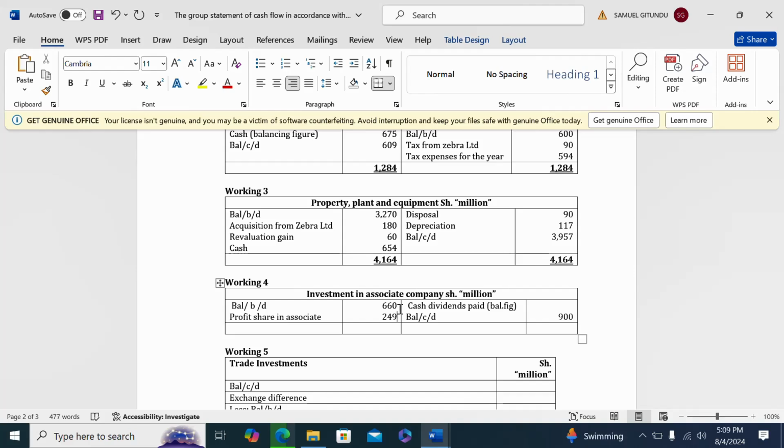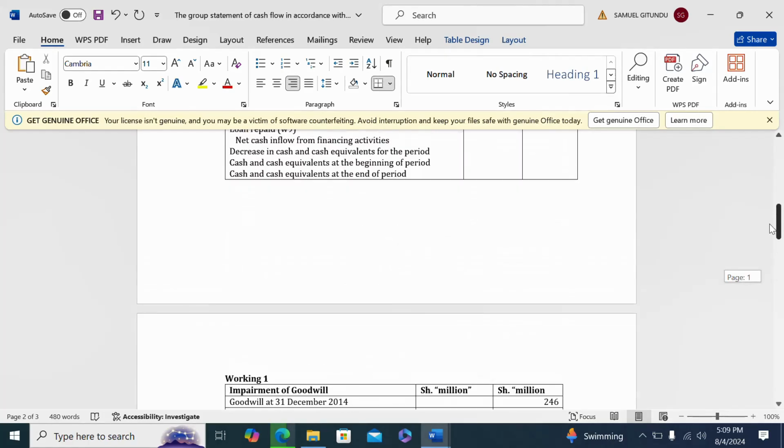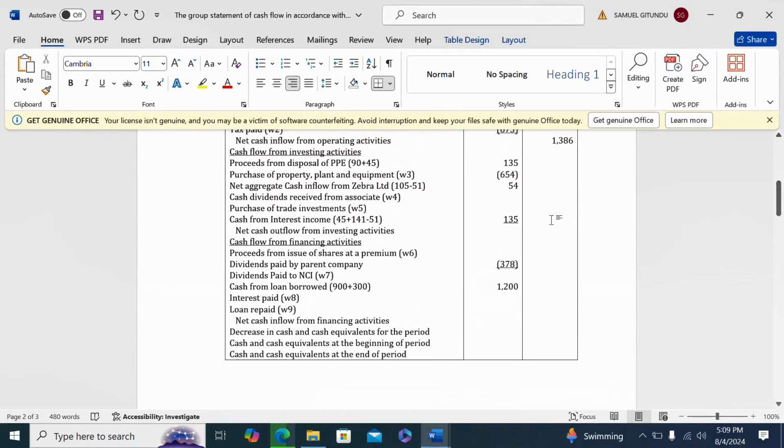So 249 plus 660, I'm getting 909. So the balancing figure is 909 here, which means that is the cash dividend that we received from the associate. So we get a 9 there.